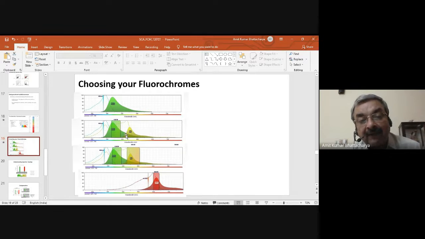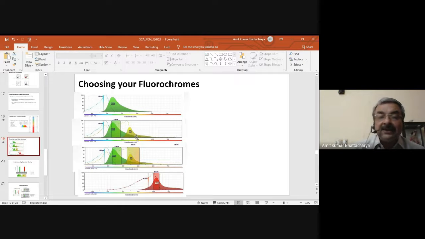I will have to avoid light in this overlapping range, because in this filter, the light from this dye will also creep through, because there's an overlap.